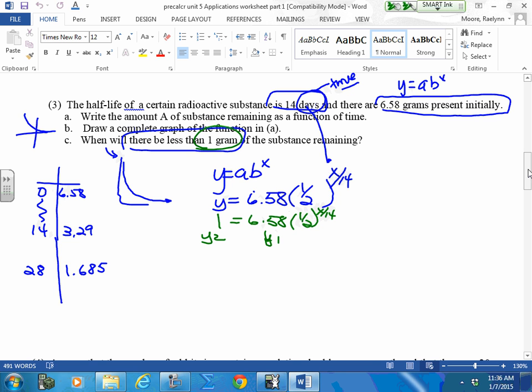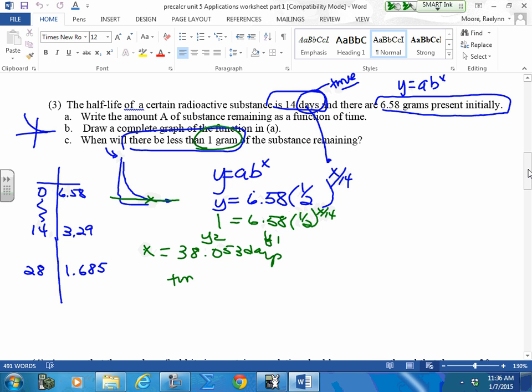Do an intersect. And when you intersect, you will find that x is 38.053 days. I rounded.